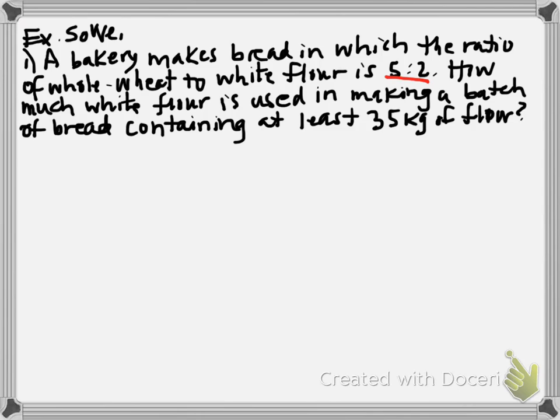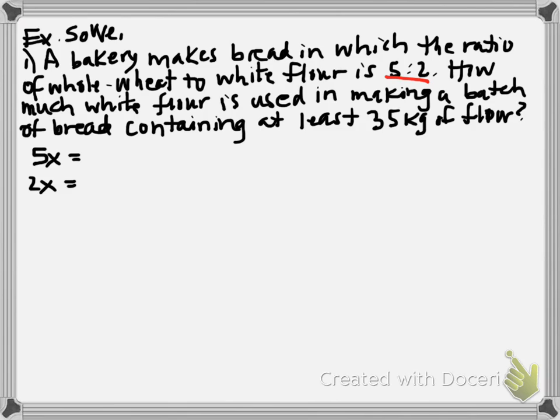So what happens in a ratio, it's like a fraction, you reduce it to lowest terms before you talk about it. So in other words, I don't know how much white flour and how much wheat flour. So what I do is I add an x to each of the ratio values to represent the amount that was in there actually.